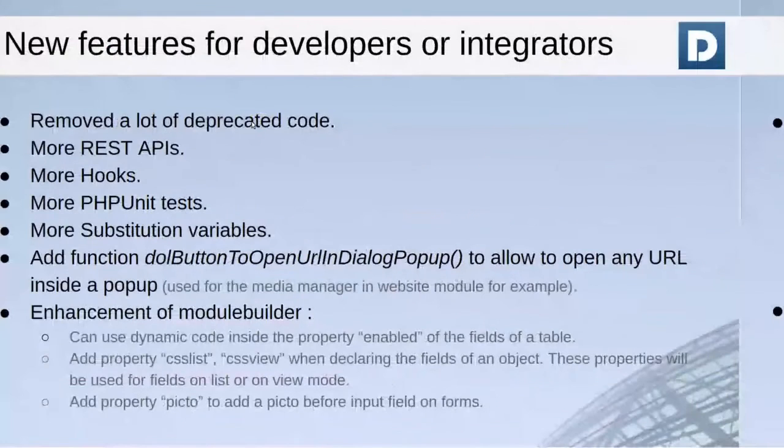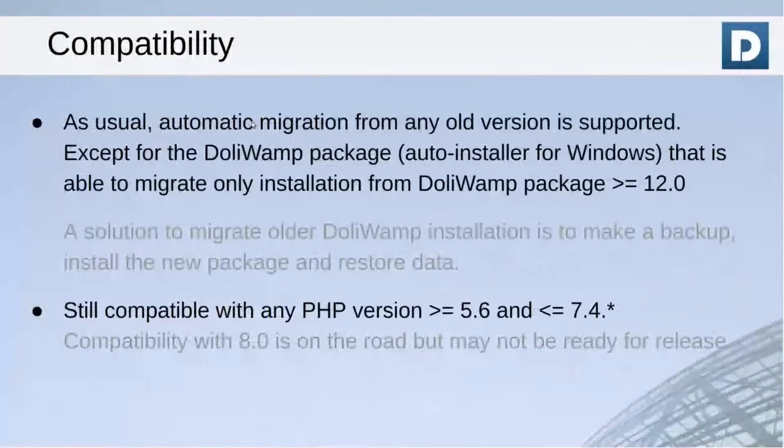A little word about the compatibility. Of course, we can still migrate Dolibarr from any version, except if you are using Doliwamp. So Doliwamp, you know, it's a special package. It's not only Dolibarr, it's Dolibarr plus the technical components, PHP, MariaDB, and these technical applications have changed in this package.